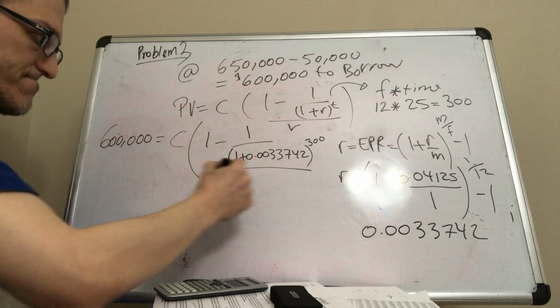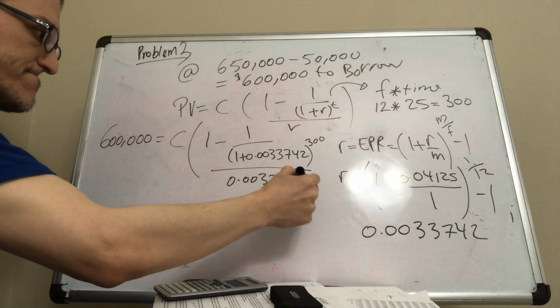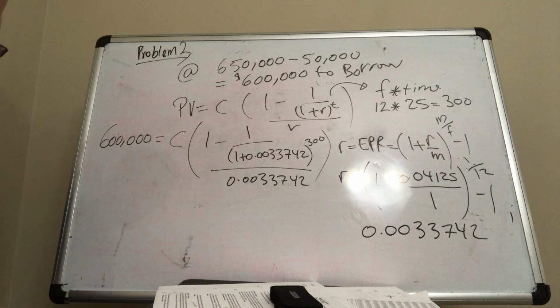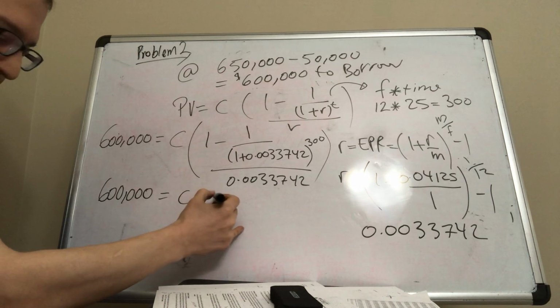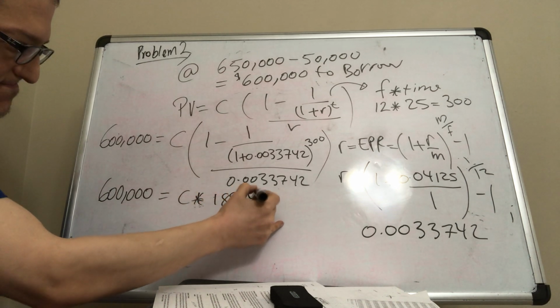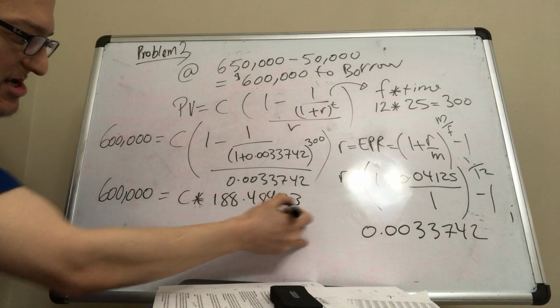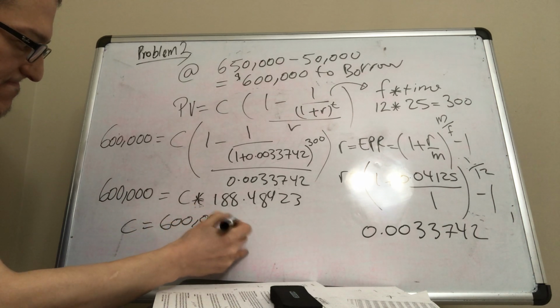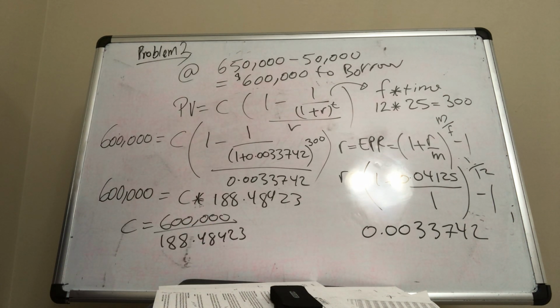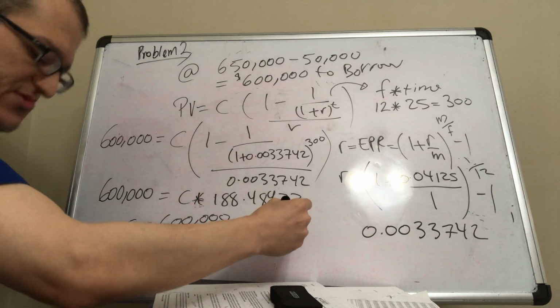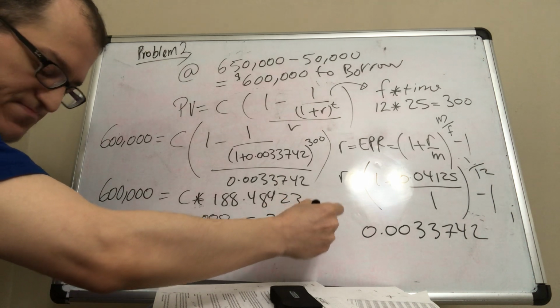So we do this part first. And like we always do, we divide. So 600 over the 188. It's $3,183.29.